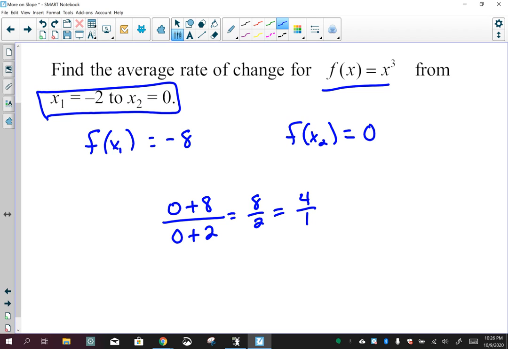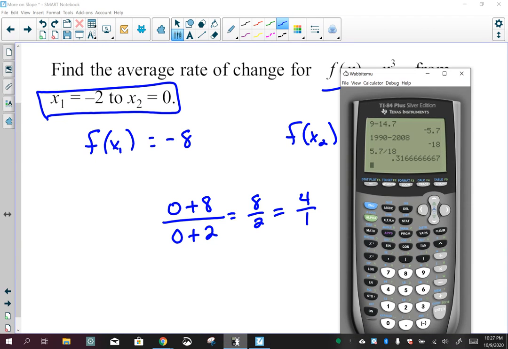So what this is saying is that over the interval from -2 to 0 on this function, I am averaging a rise of 4 and a run of 1 through the whole entire thing. Now, it's not an exact science. Mind you, it's called the average rate of change. So on average, I'm rising 4 and running 1 on this specific interval, and we can take a look at this.